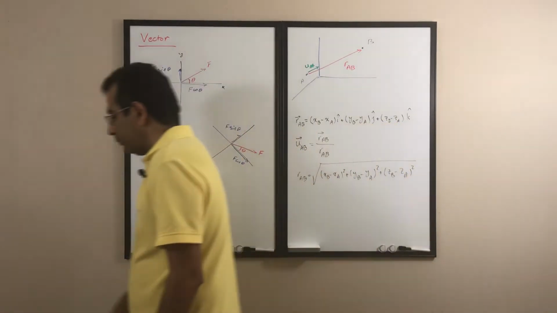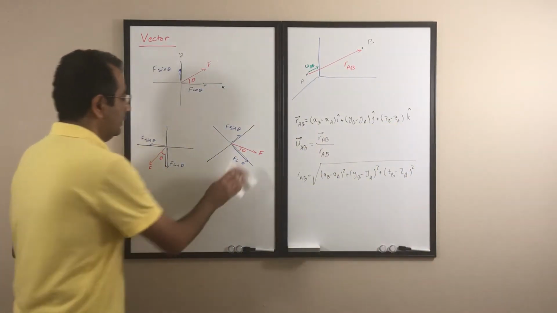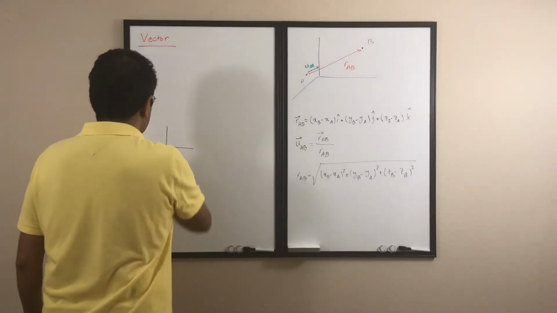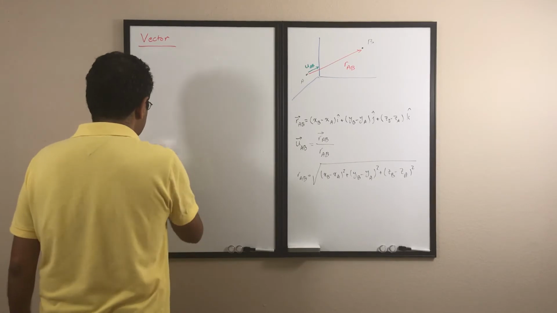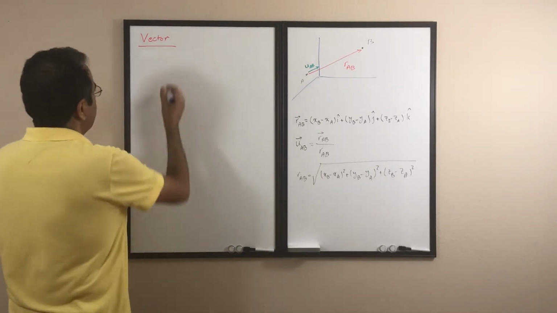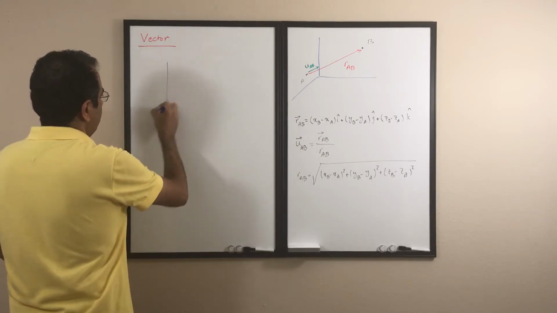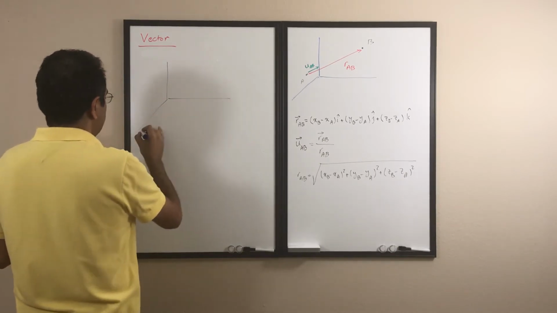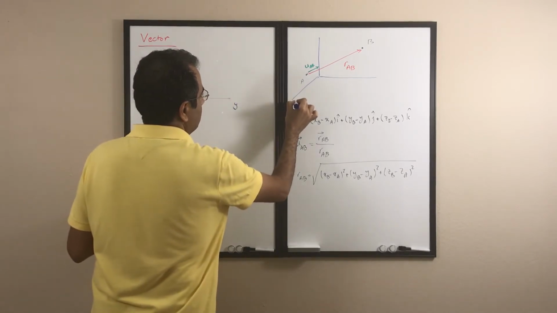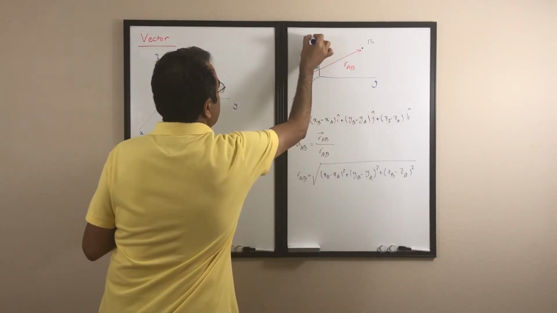Now, if we want to find the force in the 3D domain, that's most of the time what we need to do. What we will do is, if we have again x, y, and z, assume that's the x, y, and z.